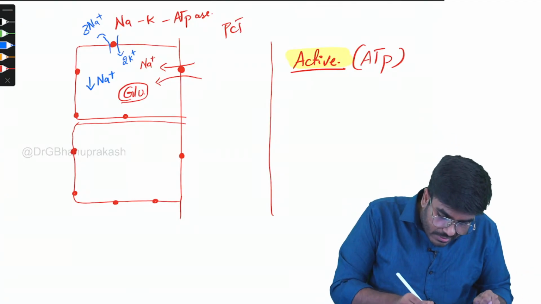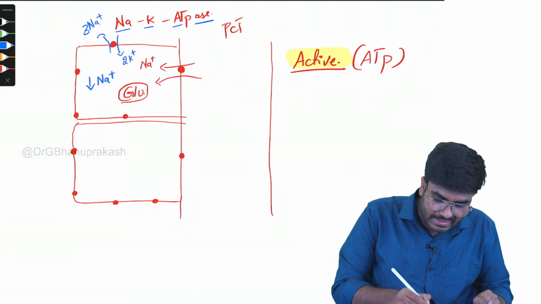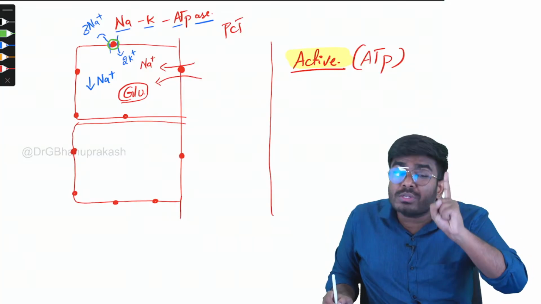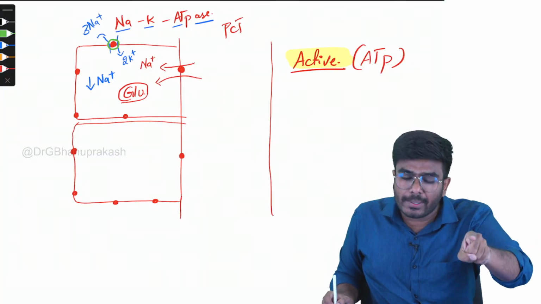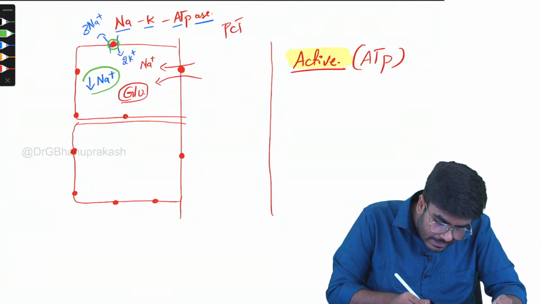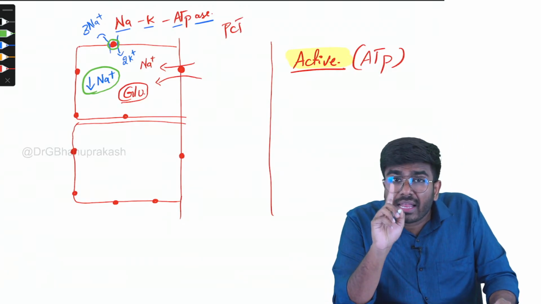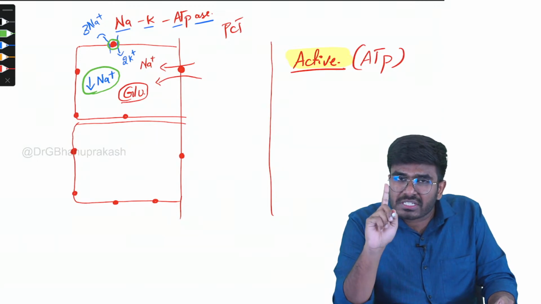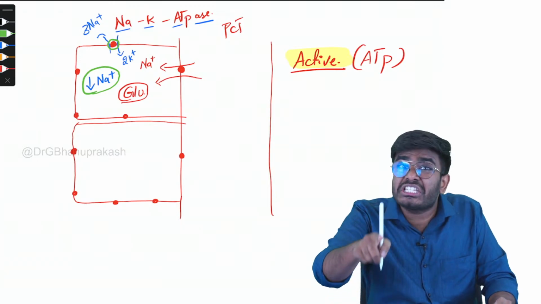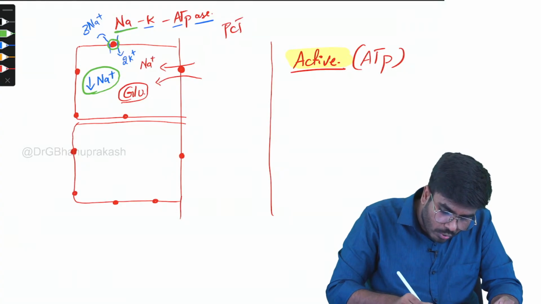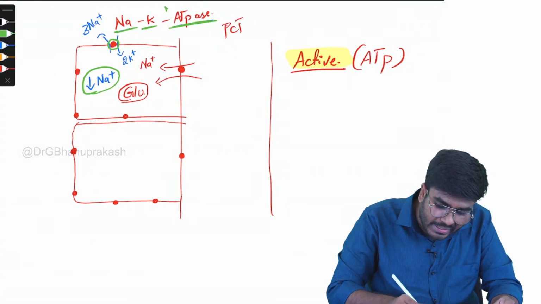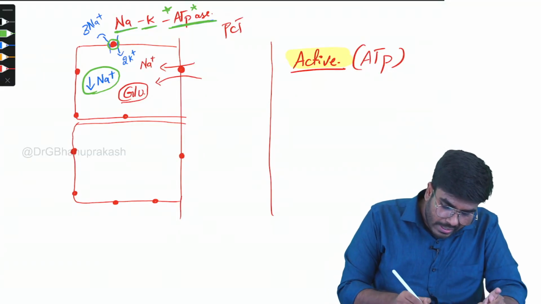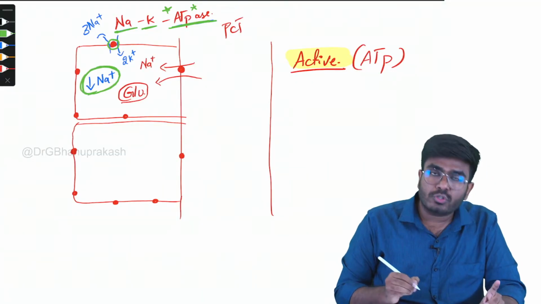See guys, this transporter, by using ATP, is creating a low sodium state inside the cell. This low sodium state inside the cell is achieved by the sodium potassium ATPase. Here ATP is getting involved. Remember, this is the first point.